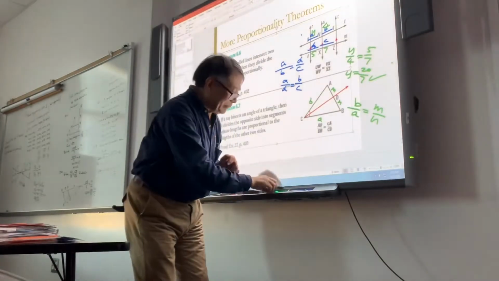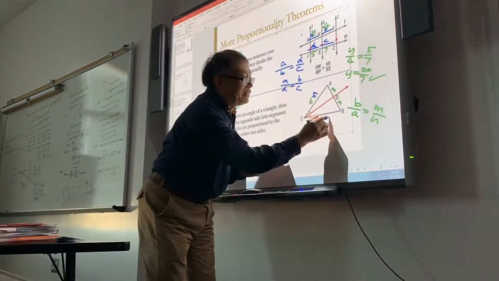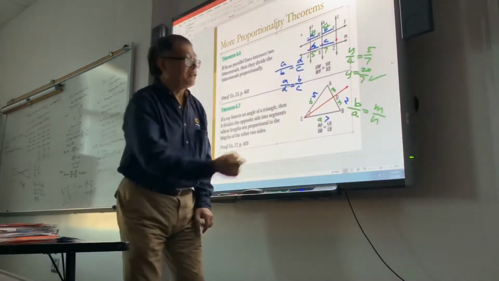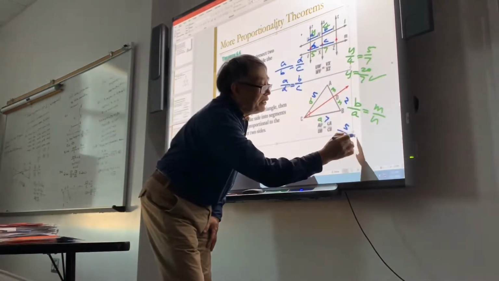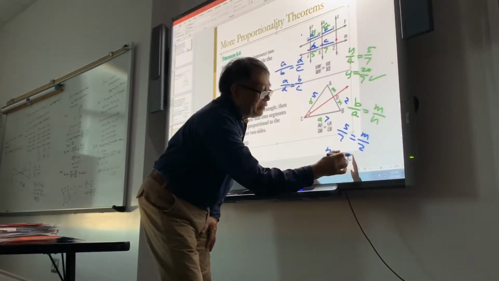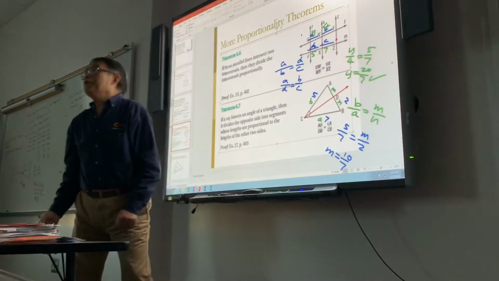Same thing. For instance, if this is 5, this is 7, this is 2, you can find M. You can use 5 over 7 equals M over 2. M equals 10 over 7. Do you understand me, please?